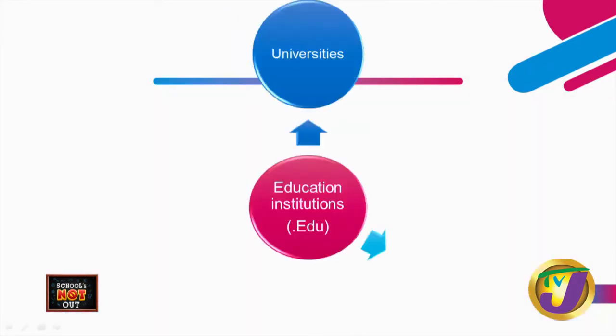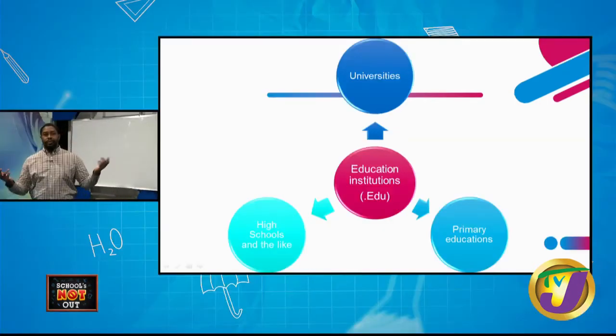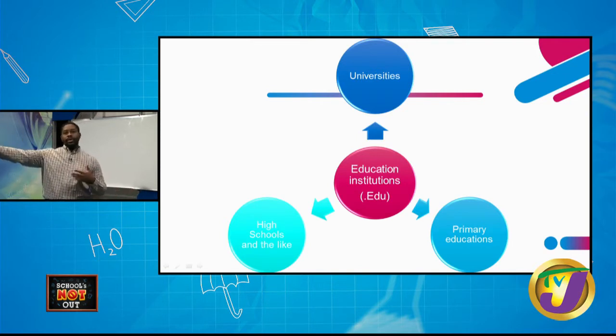One final one is educational institutions. The fact that you're watching Schools Not Out now, that doesn't mean that TVJ is an educational institution, but your school is an educational institution. And so you might have a website and it is .edu. Check out our websites, University of Technology, University of the West Indies, NCU, ICU, whatever they are.